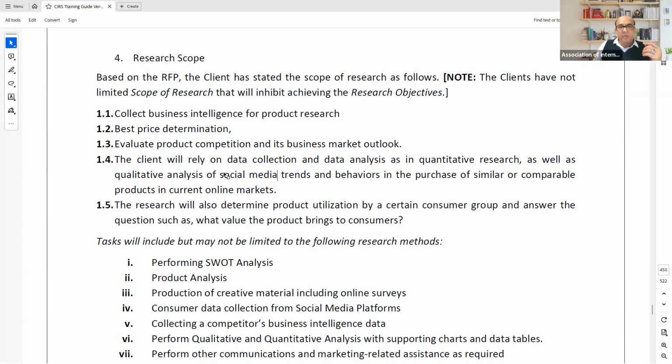If you look at the original request, they had included social media as one of the sources to collect the information. So as a researcher, when you are writing the proposal, you want to put things in the perspective of a general flow of research plan.